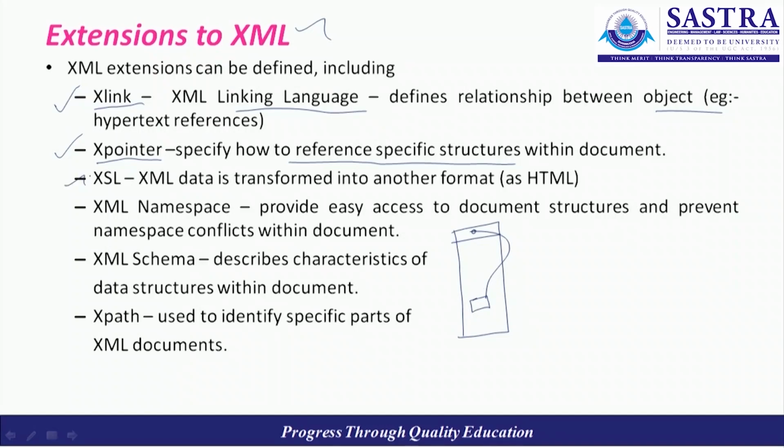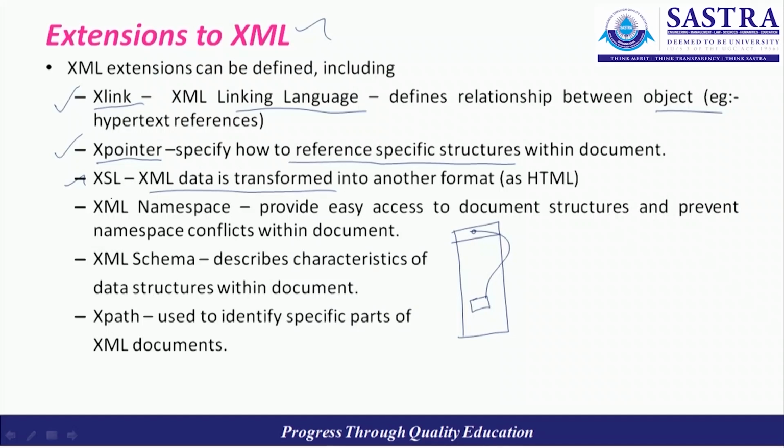Next, the interesting one, which is called XSL. Actually, the XML data is transformed into another format such as HTML. So this is extensible style sheet language transformation, also called extensible style sheet language transformation.